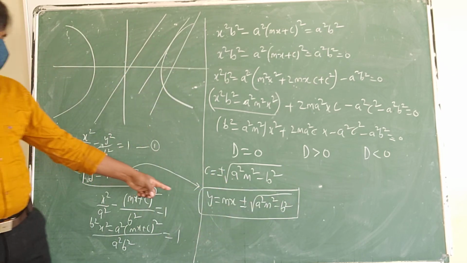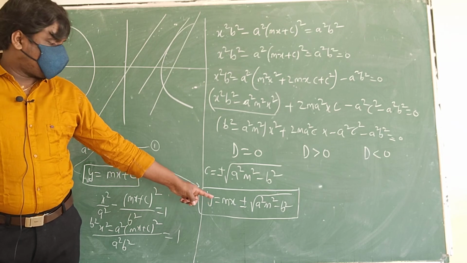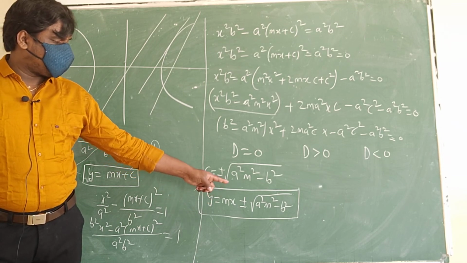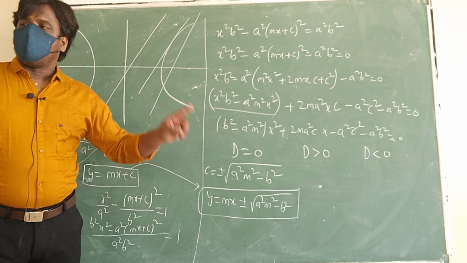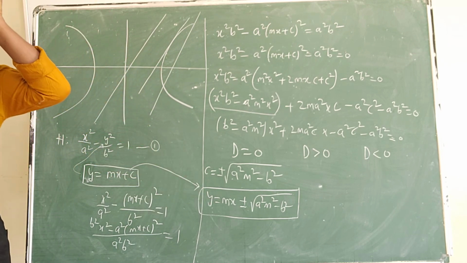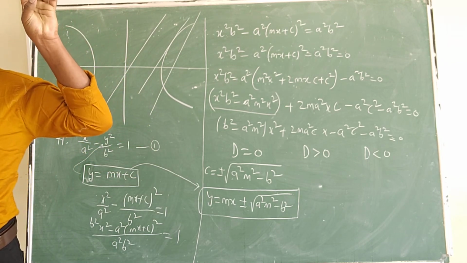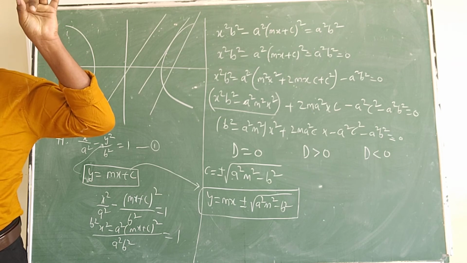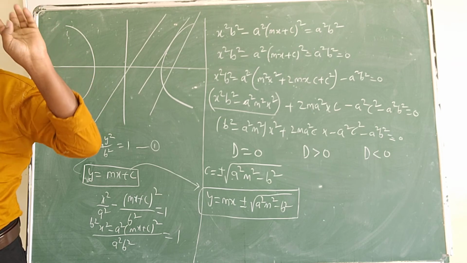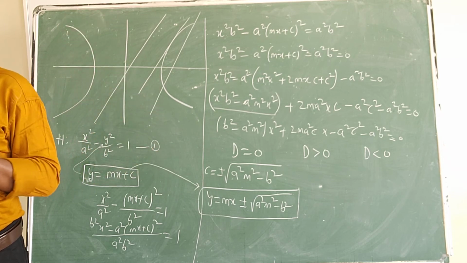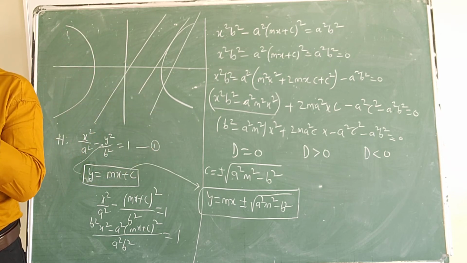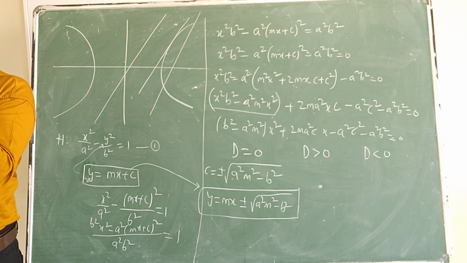In the ellipse, you get y is equal to mx plus or minus under root of a square m square plus b square. There you get plus b square, here you get minus b square. See, the formulas are the same as the ellipse, only b will change to minus b.